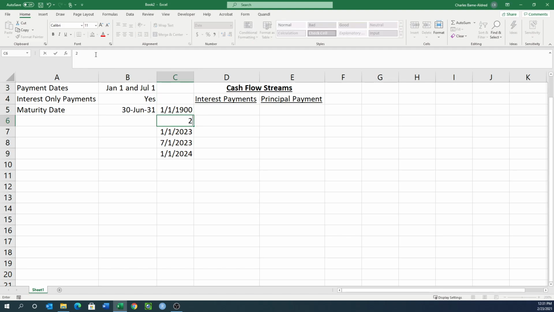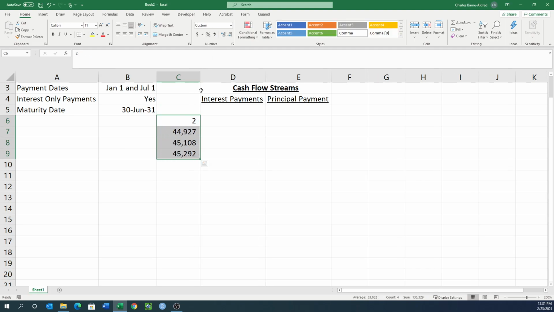Payment 1. We'll just do this in number format. Payment 1, 2, 3, 4, 5.